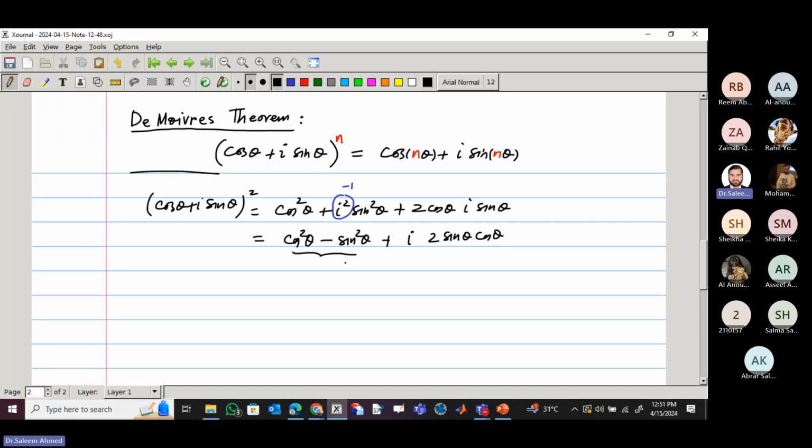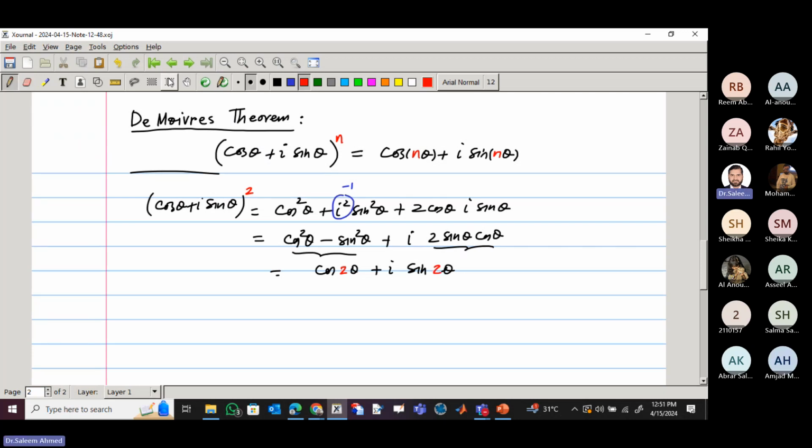Cos square theta minus sine square theta is cosine 2 theta, and 2 sine theta cos theta is sine 2 theta. So you see here, when I took the power 2, it automatically goes in with theta. 2 comes here, right?